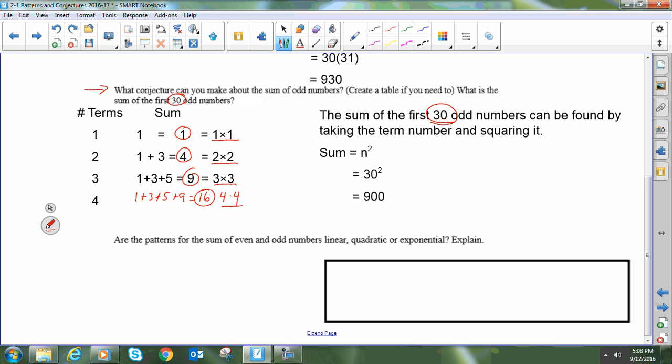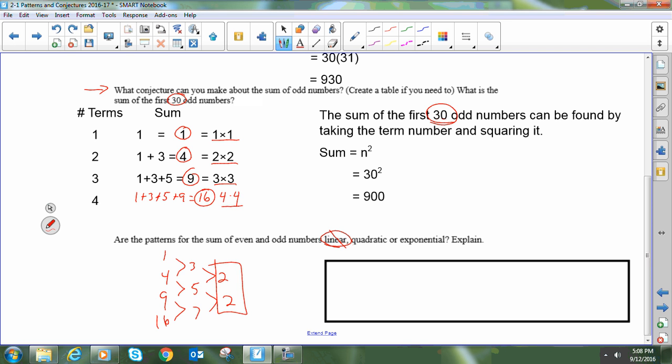Now I've already explained a couple of times that it's definitely not linear. The first differences are not constant, so that doesn't work. So let me look here. My outputs were 1, 4, 9, and 16. So the differences are 3, 5, and 7. Well, my second differences are 2 and 2.